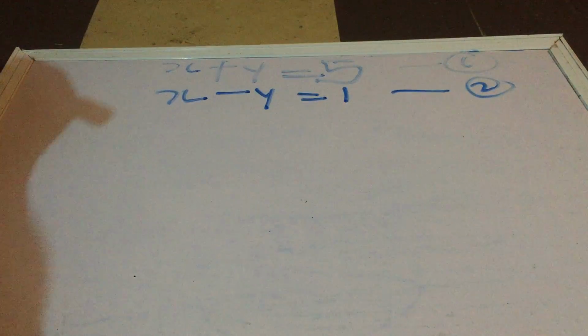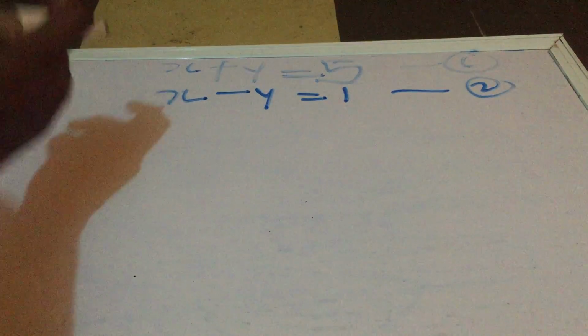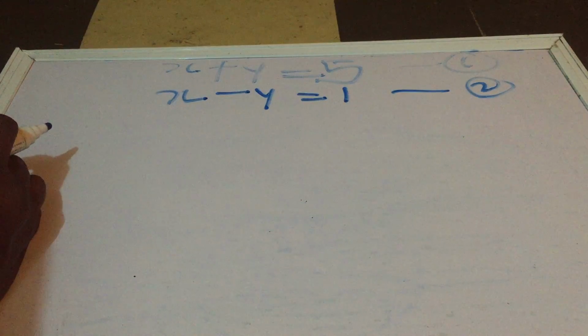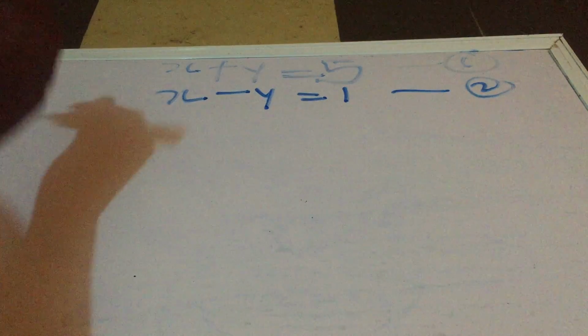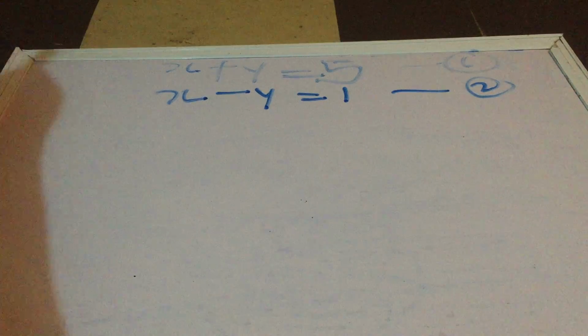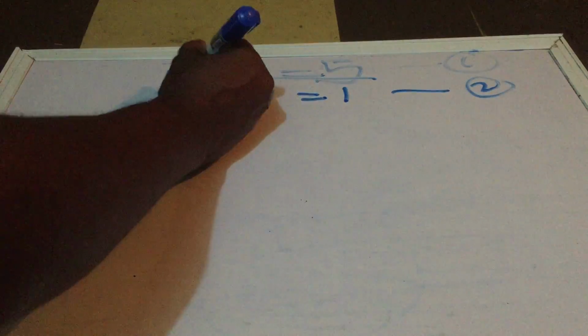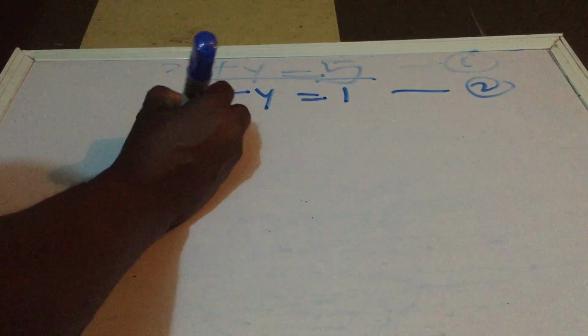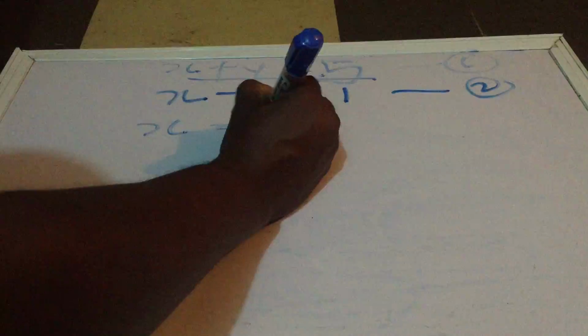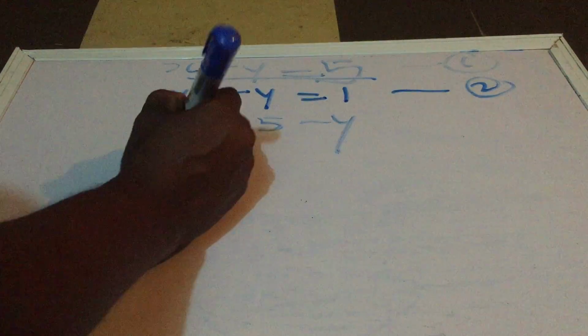That's equation 2. To make it easier for me, I will choose the first one and solve it first. I will make x the subject of the formula by saying x is equal to 5 minus y. That's temporarily equation 3.